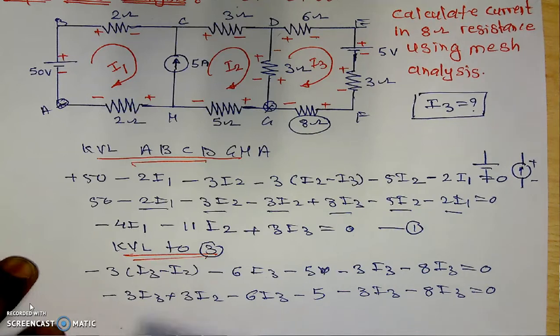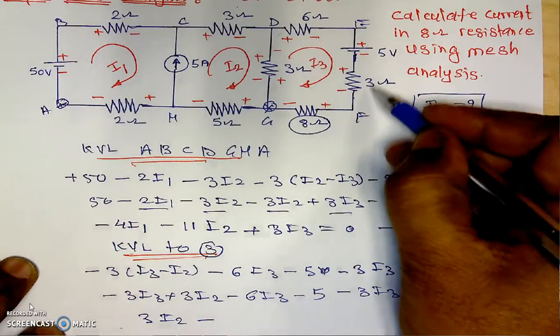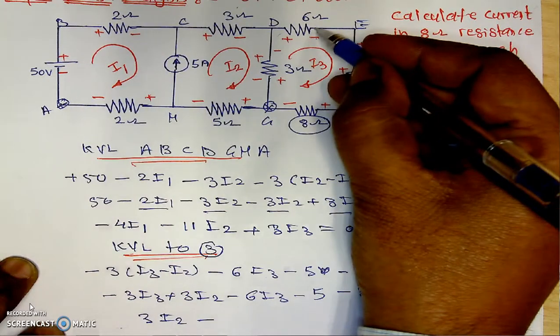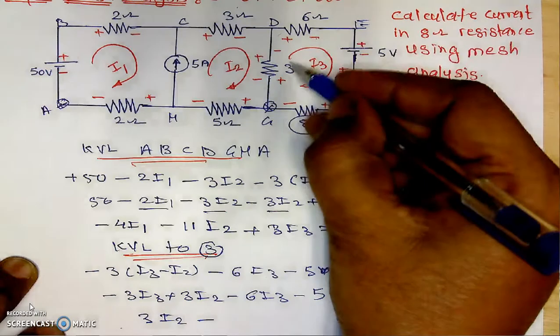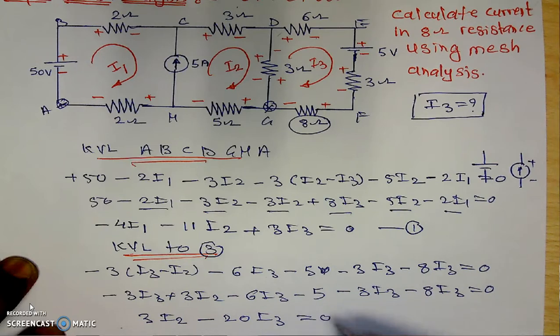Simplifying further, it will be 3 into I2, then minus 8 plus 3 is 11, plus 6 is 17, 18, 19 and 20, that is minus 20 into I3, which is equal to plus 5. This is equation number 2.